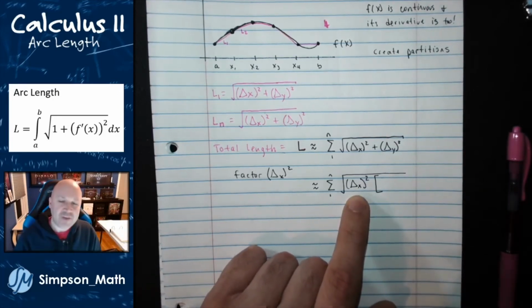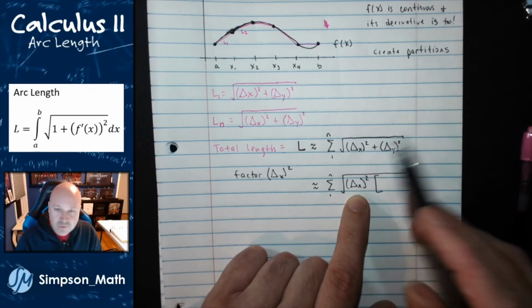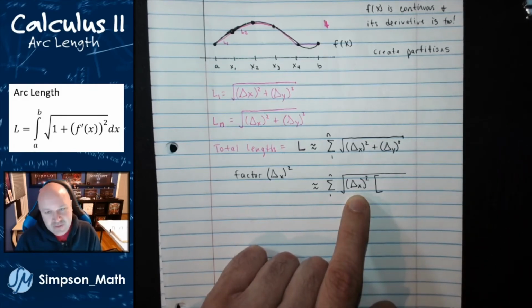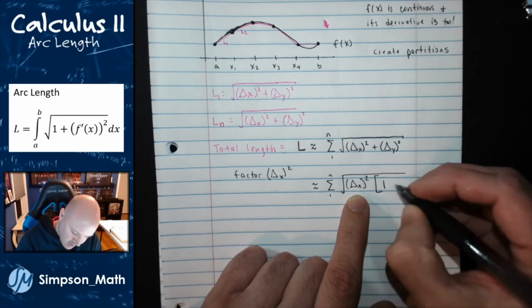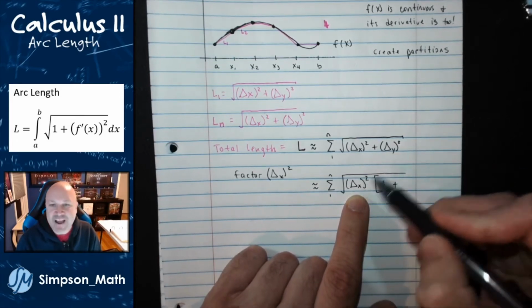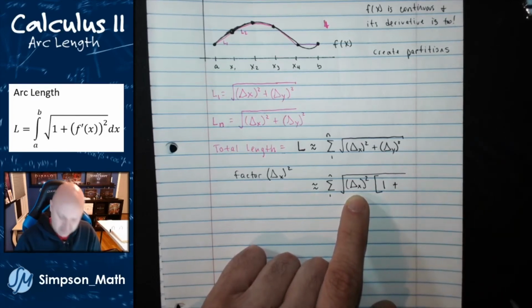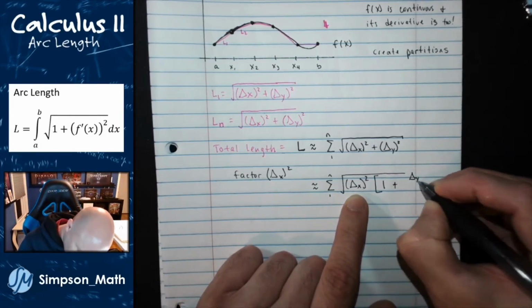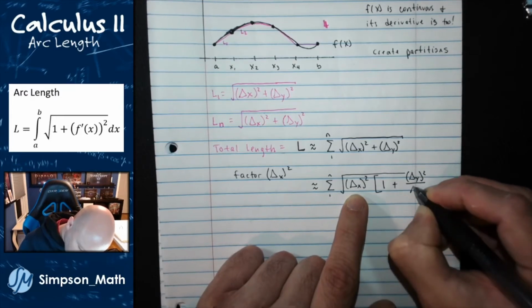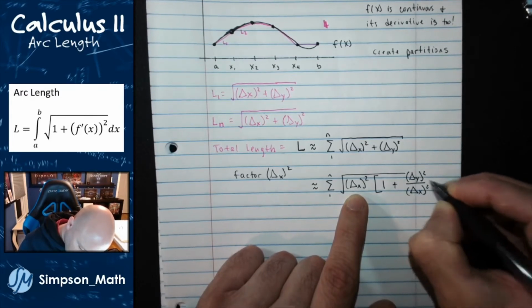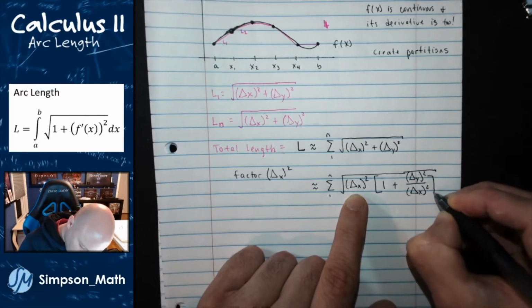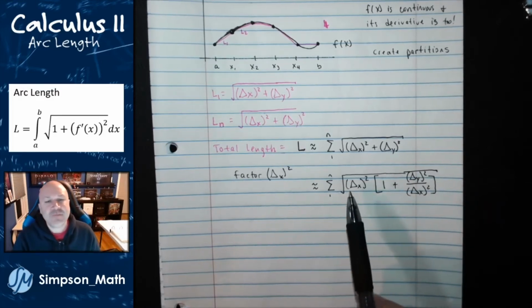So if I factor it out, it's like anti-distribution or just division. So the change in X squared divided by change in X squared leaves me with 1. And then if I factor that from this, well, that just kind of puts it in the denominator. That should make some sense to you.